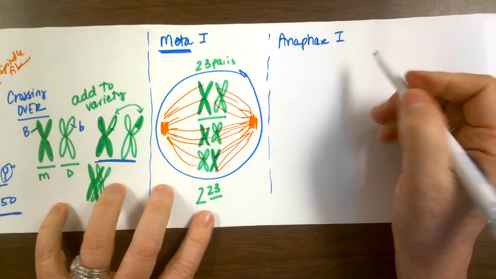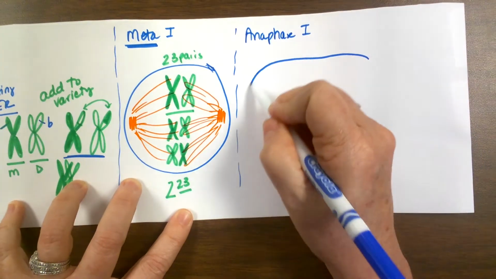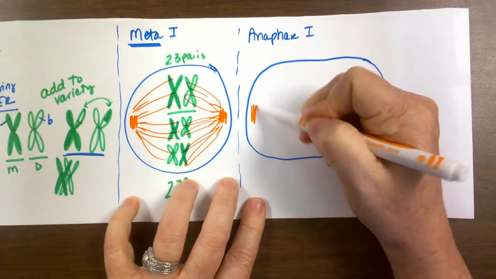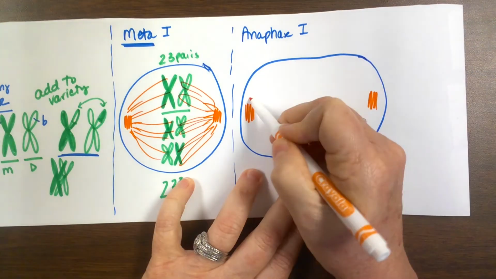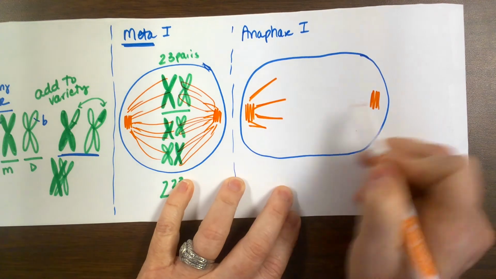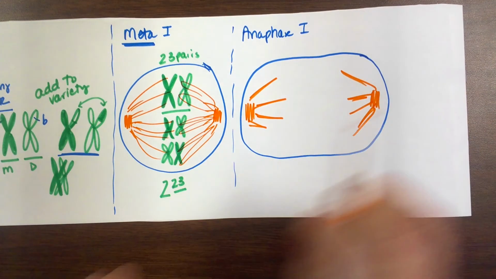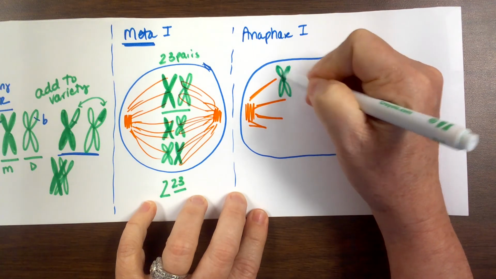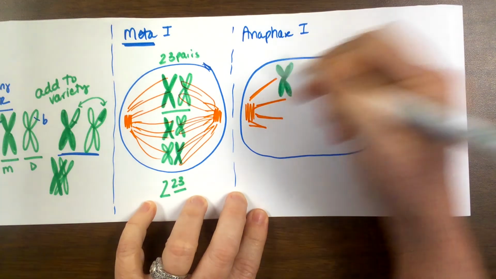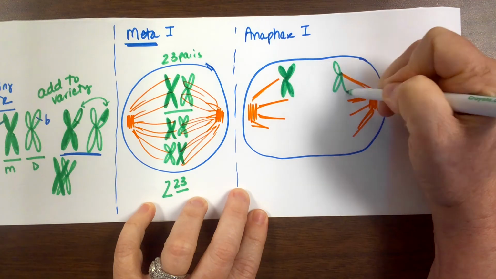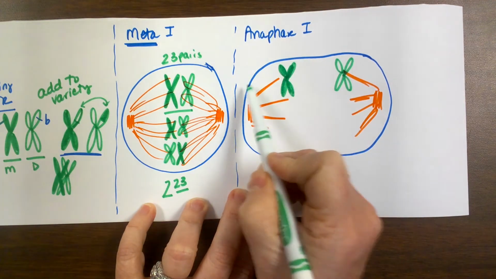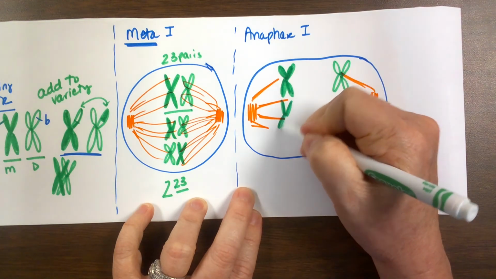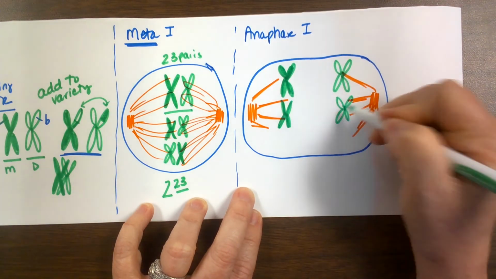And in that division phase, the cell kind of starts looking more like a little watermelon because these centrioles are going to pull their full chromosome, not a chromatid this time, but this whole entire chromosome gets separated from its homologous partner. Okay, so that gets a whole chromosome and that gets a whole chromosome. Same thing here. Full chromosome, full chromosome.